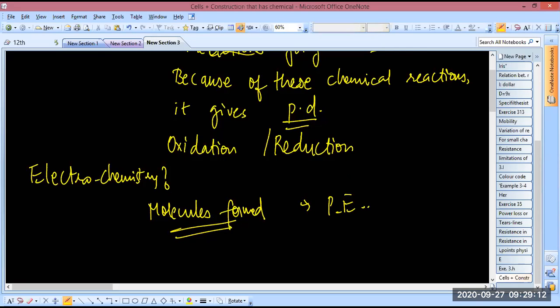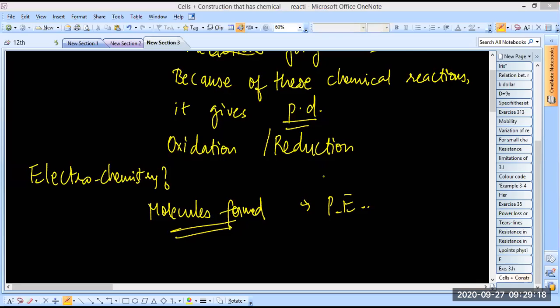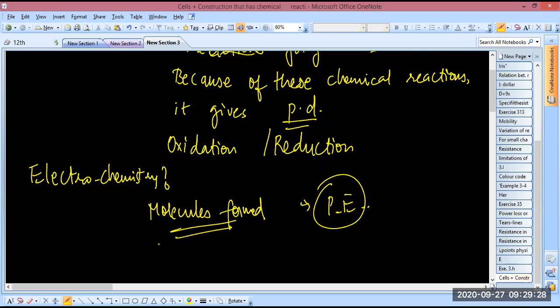Now you have grown up, so you should be able to understand this exactly. What happens is molecules are formed, and molecules obviously store potential energy. And when different kinds of reaction occur, such energy is released. Does that make sense?